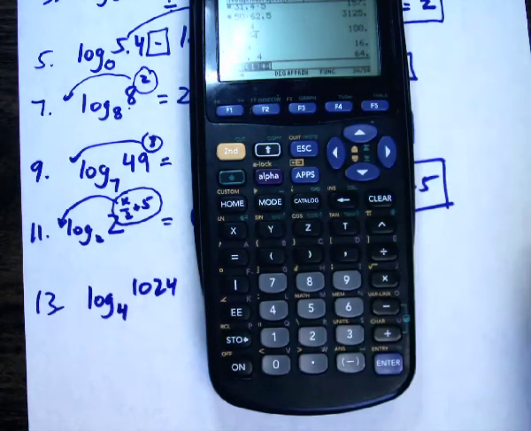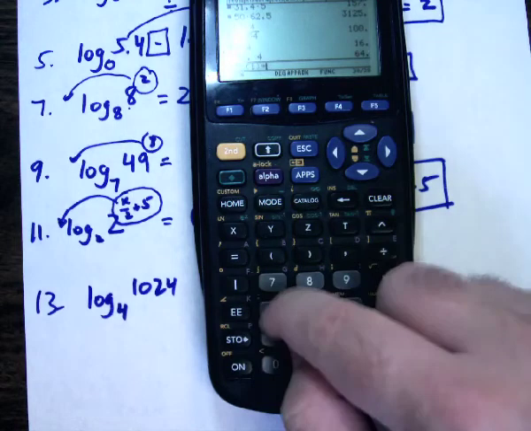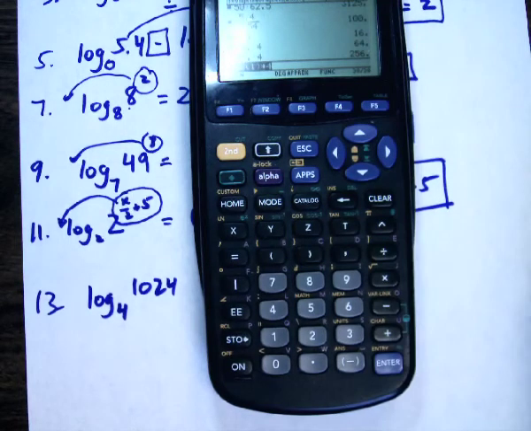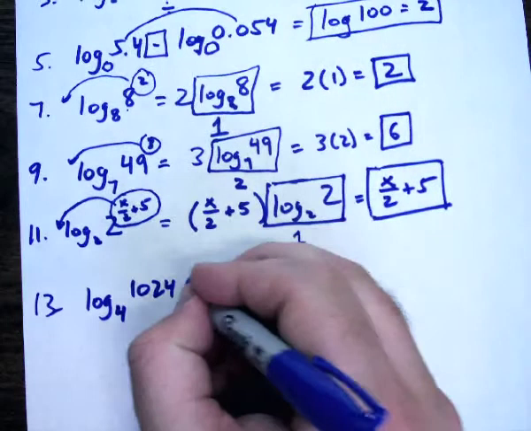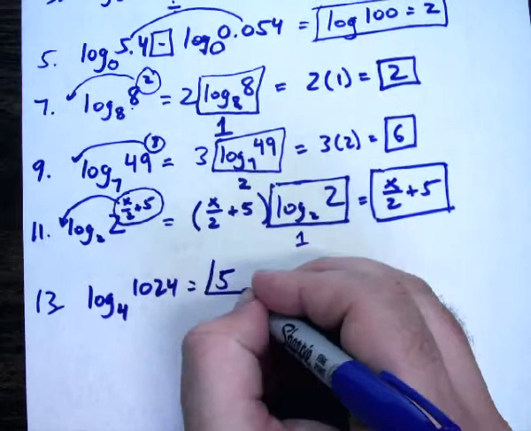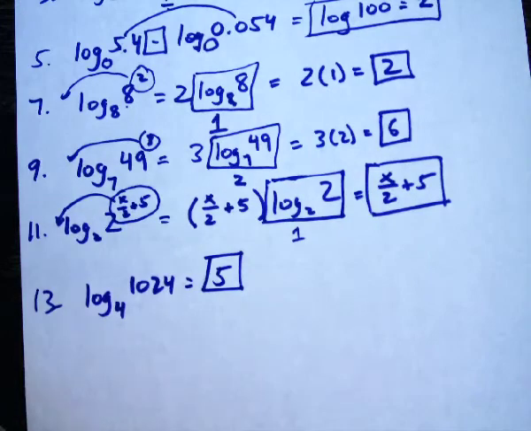Then 4 to the third is 64. 4 to the fourth is 256. 4 to the fifth is 1024. So this equals 5. This one I didn't need any tricks. I would just merely multiply by 4s. That is all I would do for this. And so log base 4 of 1024 is equal to 5, because that's the exponent I need.